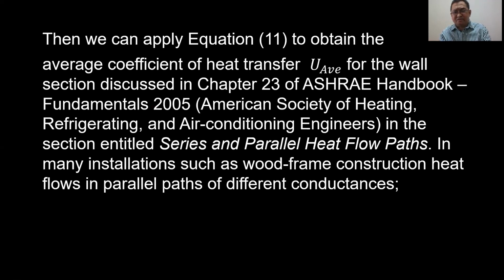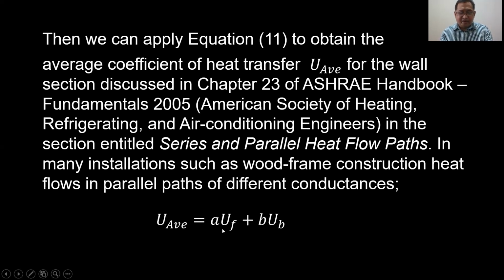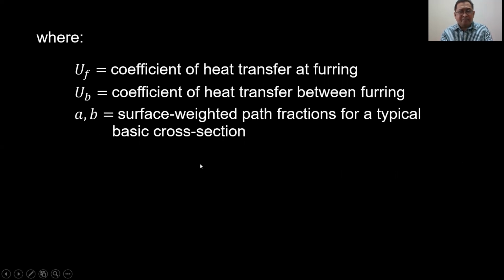In many installations, such as wood frame construction, heat flows in parallel paths of different conductances. U sub average will be equal to a times U sub f plus b times U sub b, where U sub f is the coefficient of heat transfer at the furring, and U sub b is the coefficient of heat transfer between the furring.